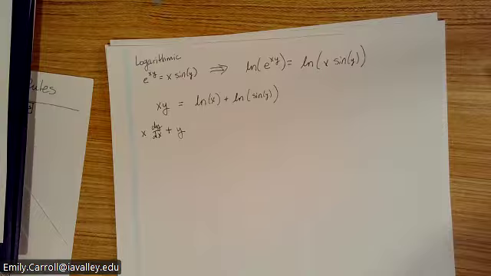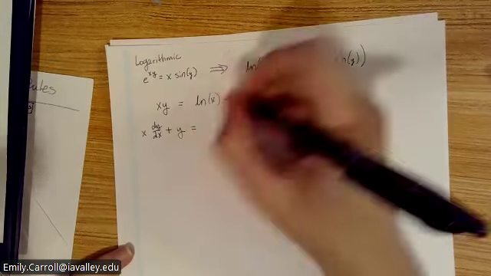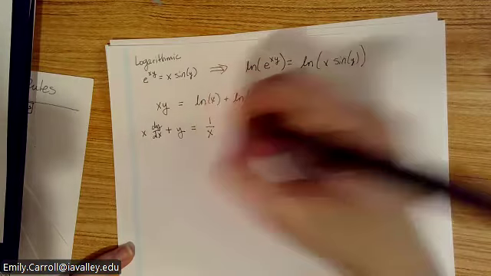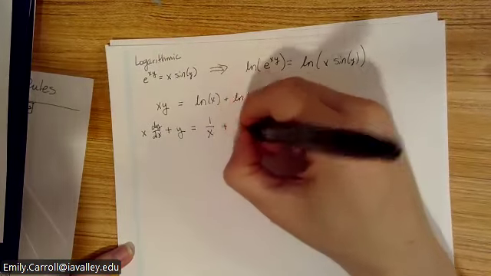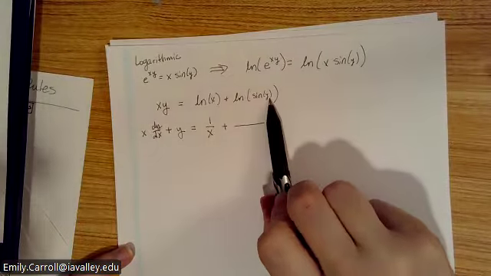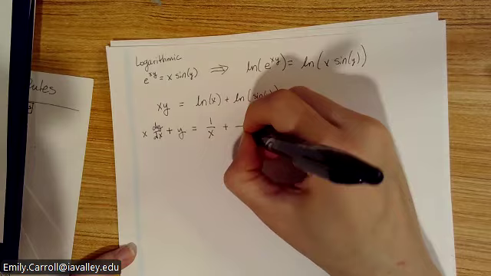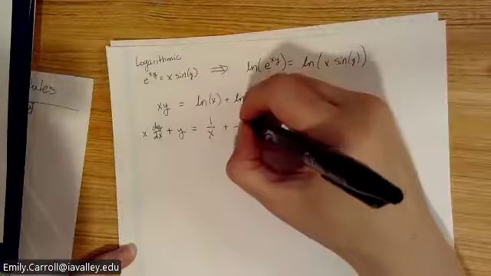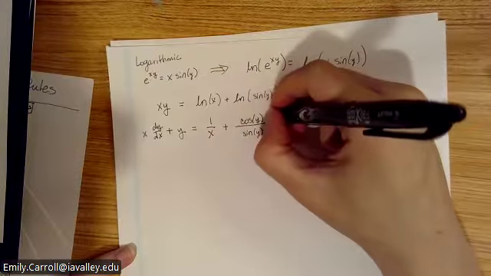So x dy dx plus y equals derivative of ln of x is 1 over x plus, okay, the inside is going to go on the bottom just as you see it. So sine of y on the bottom, derivative of that on top. So the derivative of sine is cosine times the derivative of inside, which is dy dx.